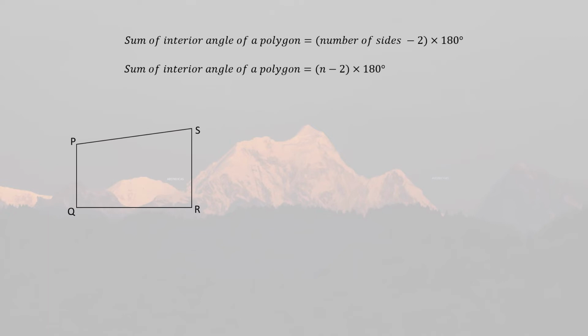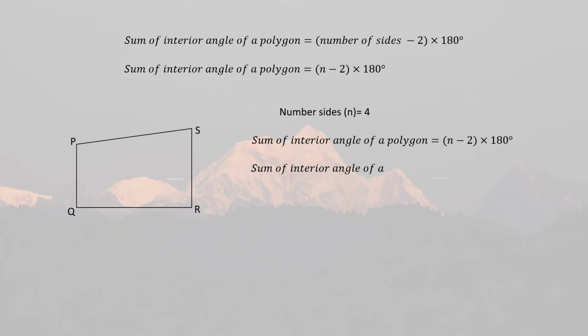So in the example that we have done earlier, PQRS, instead of drawing P and R and taking different triangles and then adding the total angles, we can do this as we have the number of sides 4, that is PQ, QR, RS and PS. So the sum of interior angles of a polygon equals (n minus 2) times 180 degrees. In place of n, we can put the value 4.